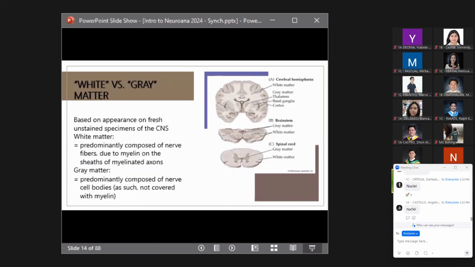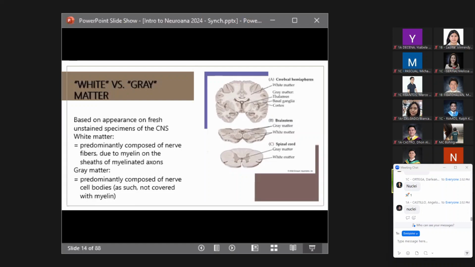In this picture, compare the arrangement of the white and gray matter in the brain on the topmost section. It's hard to appreciate in the brainstem cut, but look at the spinal cord below. There is a switch, in which the gray matter is now inside and the white matter is outside on the outer surface.